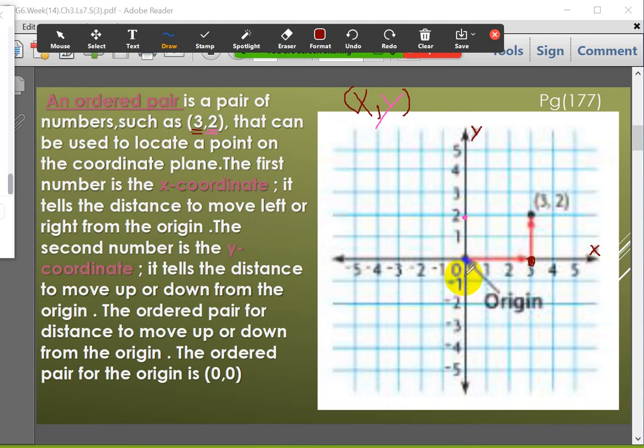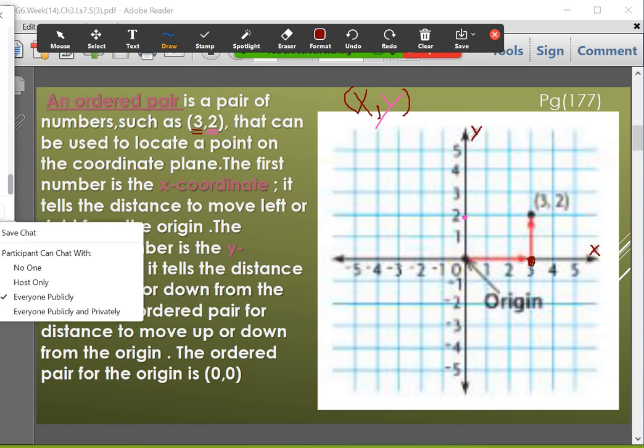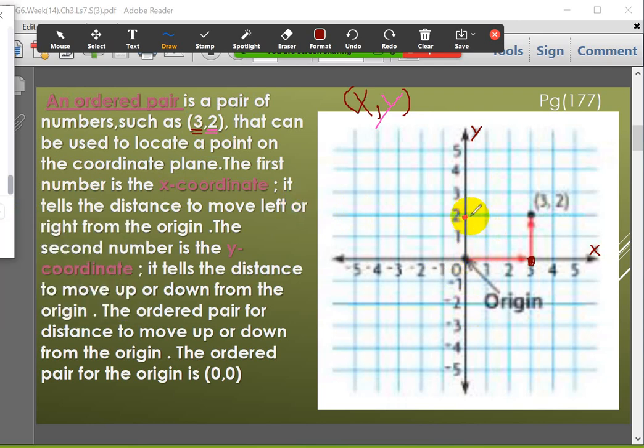I have to move on the vertical number line according to the number here. The second number will be the y always, girls. This 2 is a positive number, that means I have to move up, and it's 2. So 1, 2. So this is the x, this is the y.